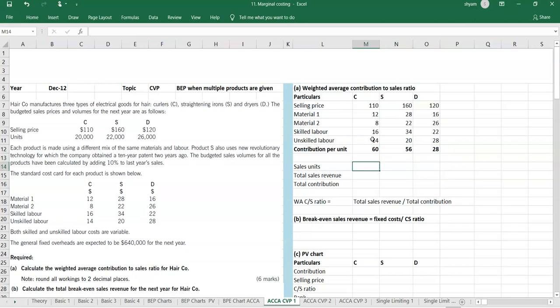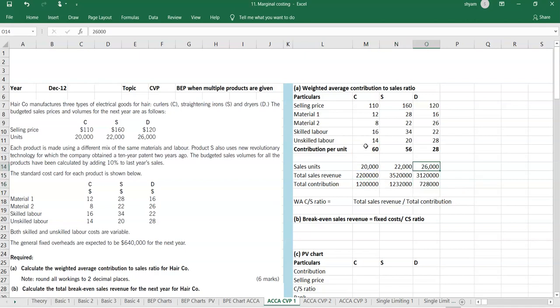Let's get the sales units so that we'll get the total contribution. So we'll multiply these units by the selling price per unit. So this is the total sales revenue for each product. We'll get the contribution: total sales units into contribution.